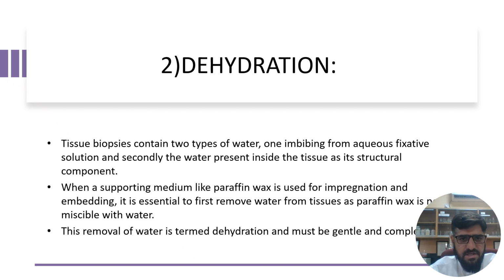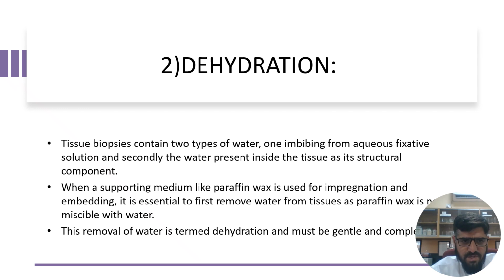The second step is dehydration, which means that we remove the water from the tissue. This process is known as dehydration. There are two types of water present in the tissue: one imbibed from the aqueous fixative solution, and secondly the water present in the tissue, also known as interstitial fluid or tissue fluid.